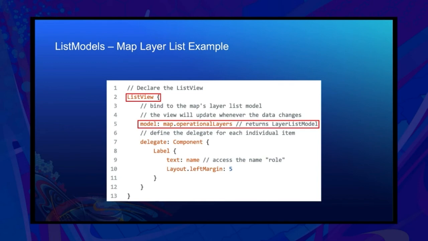If the map's operational layers ever changes, then we'll update automatically because of property binding. And then finally, we have the delegate. The delegate defines the individual components in that list view. So in this case, we're just going to simply write the name out, the name of the layer. So that's accessing the name role.